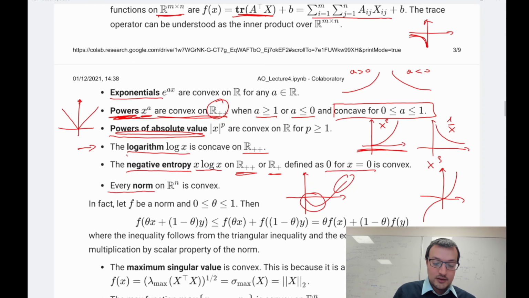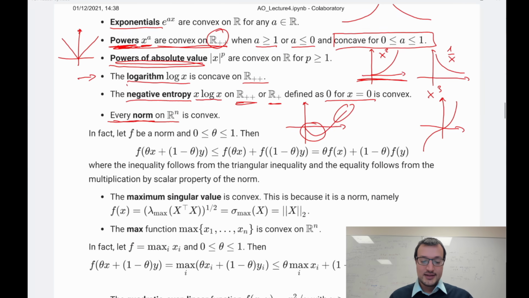Every norm on Rn is convex, and we can prove it essentially. The proof is the following. If f is a norm, we consider a theta between 0 and 1, and we check if Jensen's inequality applies or not. We consider the norm of theta x plus 1 minus theta y, and then we apply the triangular inequality that holds for norms, and that gives us this result over here.